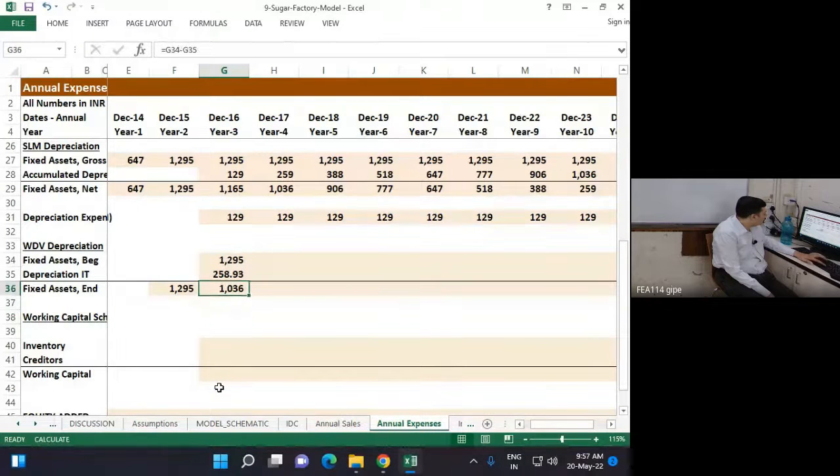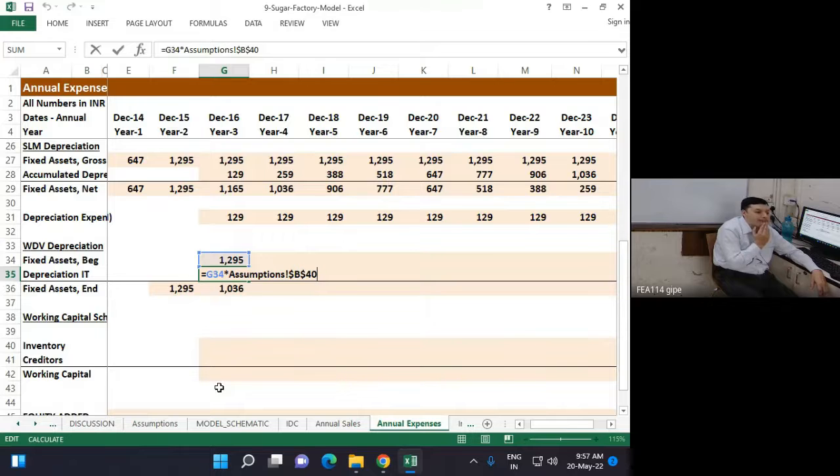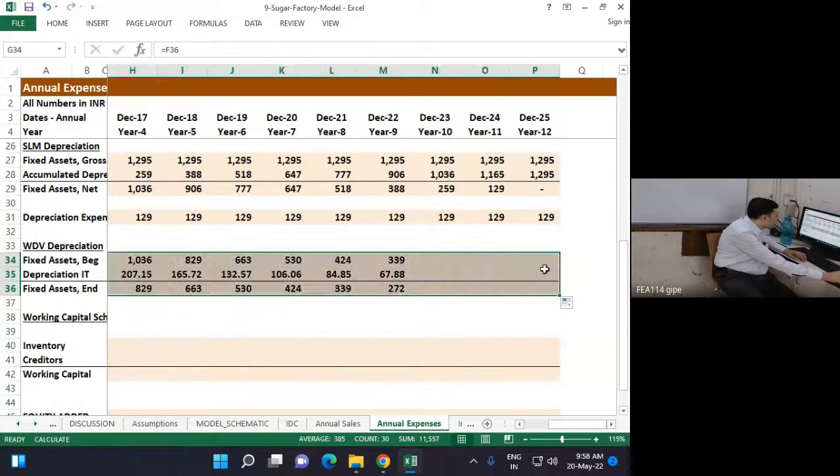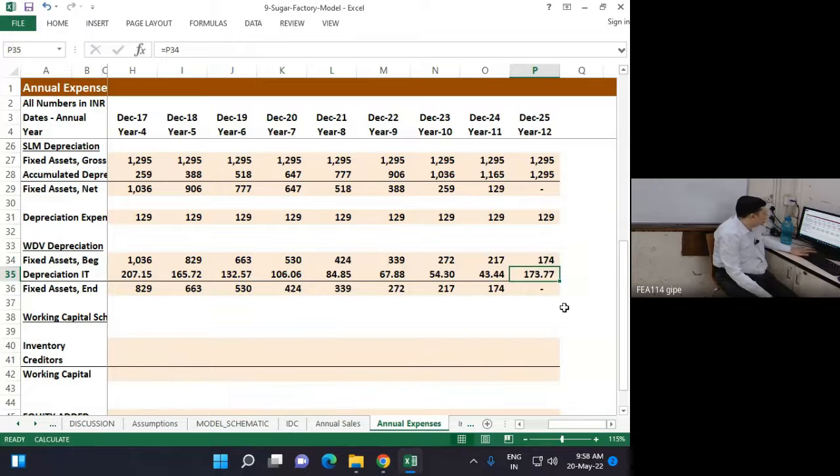Closing balance is opening minus depreciation. And then we drag it all the way to the end. And in the last year, just change the depreciation formula to be equal to opening balance. So closing balance will become nil.